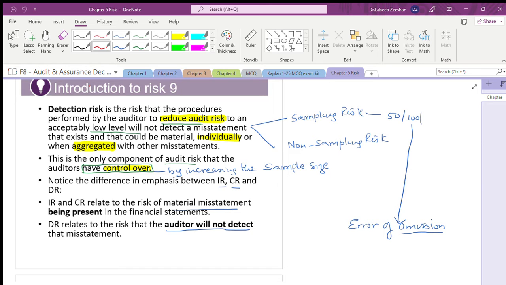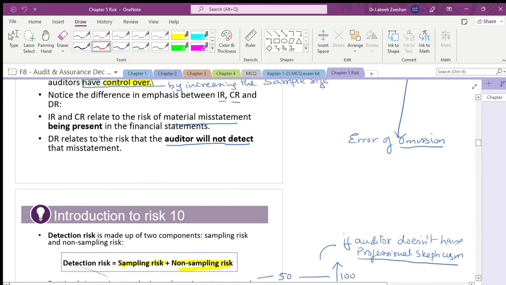If the auditor thinks, I want to take 500 transactions out of a total of 10,000, he has the authority to verify 500 transactions. This is the first component of this lecture: audit risk is nothing but inherent risk multiplied by control risk multiplied by detection risk.